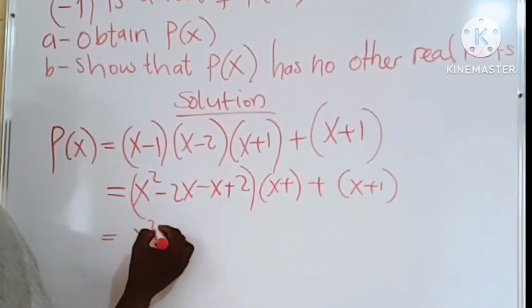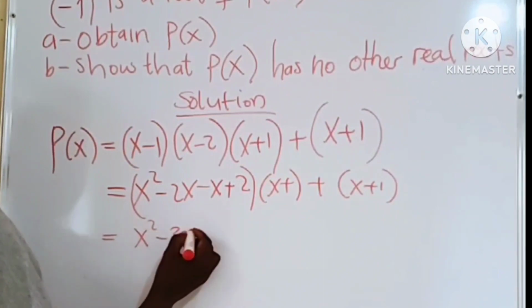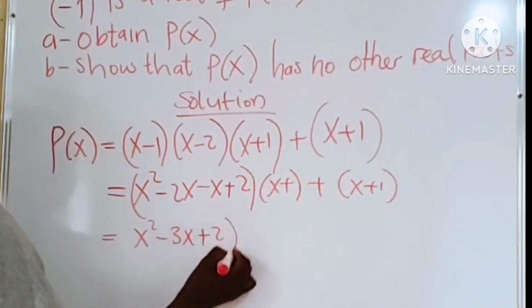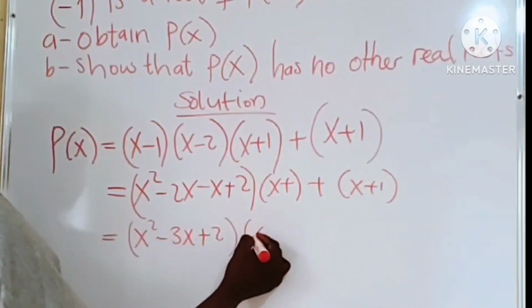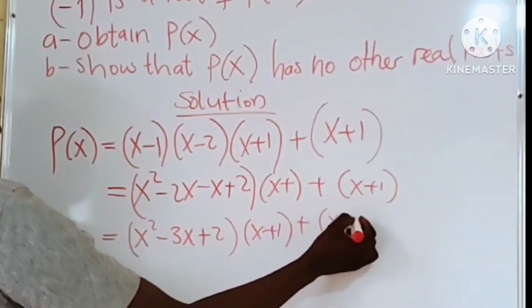So this is x squared minus 2 minus 3x plus 2 into x plus 1 plus x plus 1.